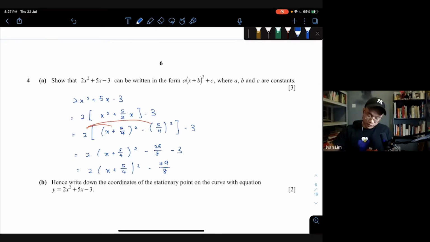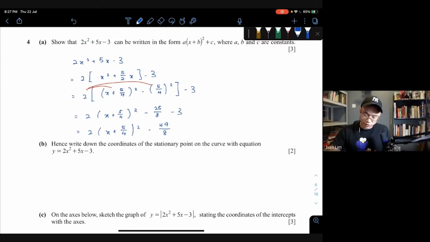Then next, write down the coordinates of the stationary point on the curve with equation y equals 2x squared plus 5x minus 3. So stationary point is also known as your turning point, or maximum or minimum point.